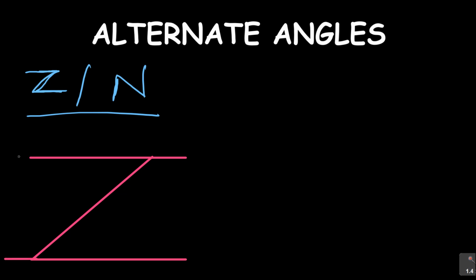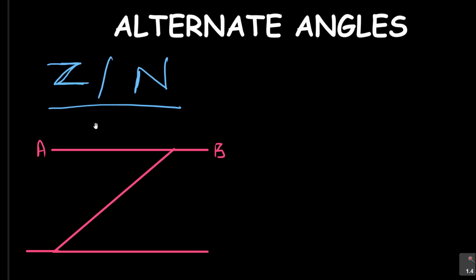Again, special condition, you've got AB, and with AB you have got let's call it C and D. There must be a special condition. AB must be parallel to CD. So you're going to write AB is parallel to CD.